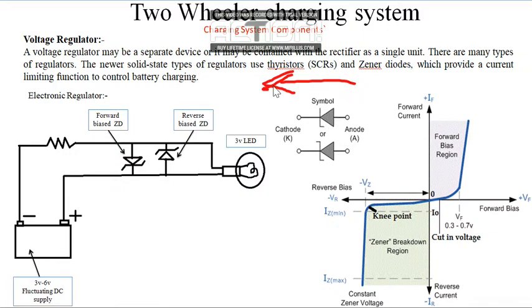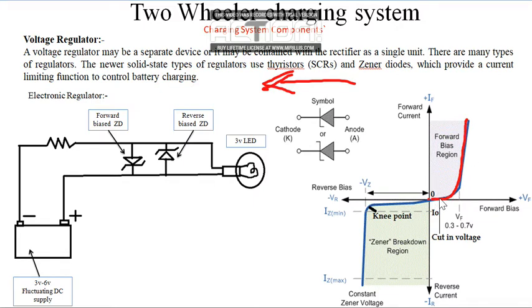At that time our Zener diode is in the position of forward bias, so the voltage and the current increase in this fashion. If voltage increases, then current also increases. If current increases, then voltage also increases.